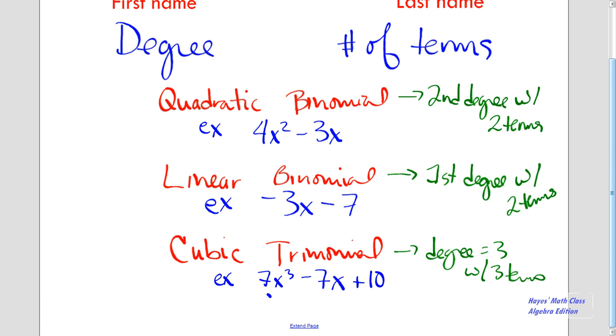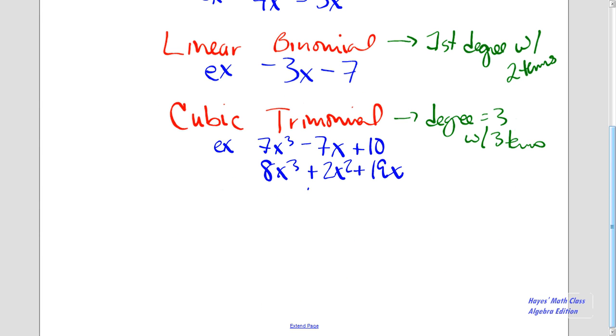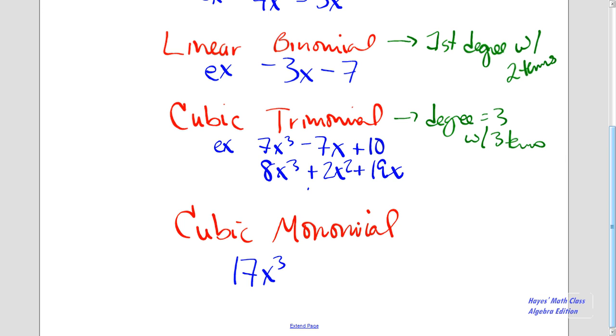Or I could do 8x to the third plus 2x squared plus 19x. You also have a cubic monomial. So that would just be like 17x to the third. Done.